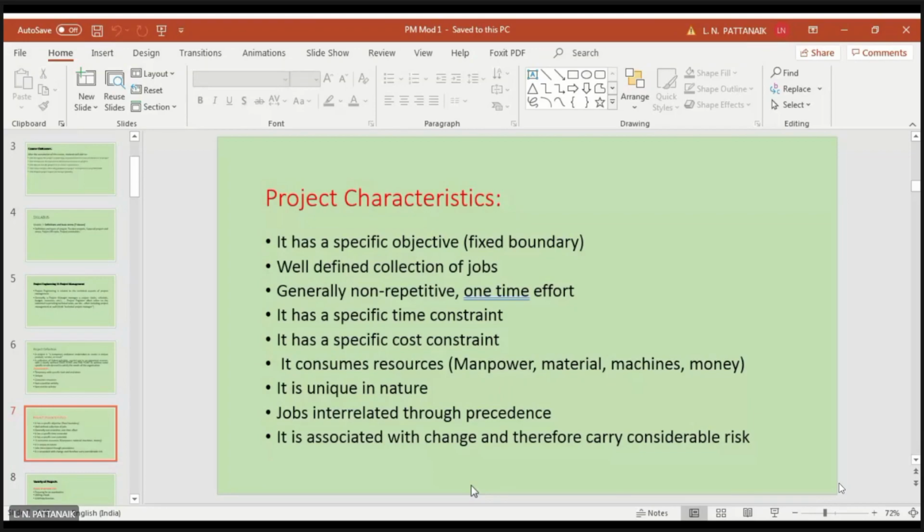It has a specific time constraint. This is also another very important characteristic of a project. Maybe in your mind, why is there a time constraint for a project? If you are bringing that to the purview of a project, then definitely it has some time constraint.